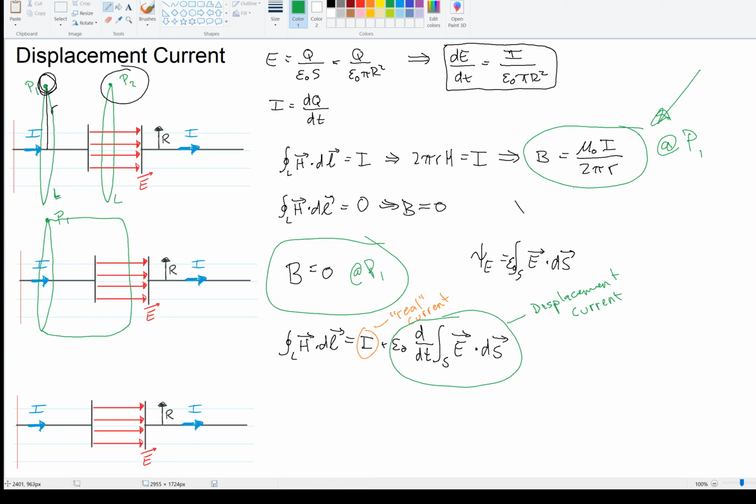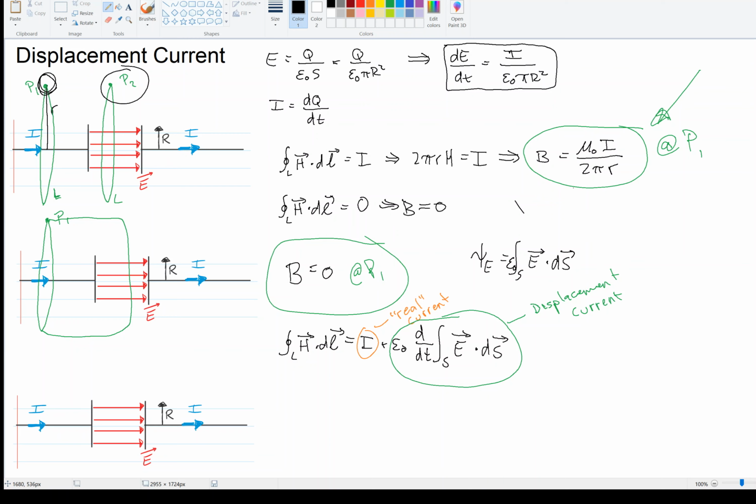So he thought, well, maybe there's a magnetic field that is created when the electric field changes, and then that magnetic field would give rise to this current here, and he called that displacement current. So now the question is, does this addition to Ampere's law in green fix the problem that we've identified up here at point P1?